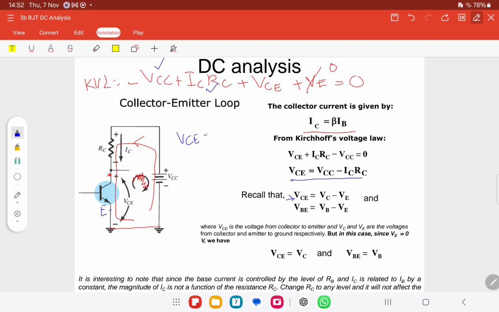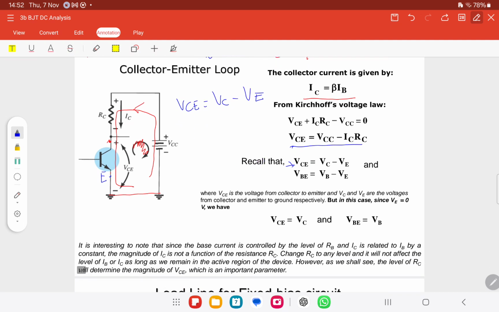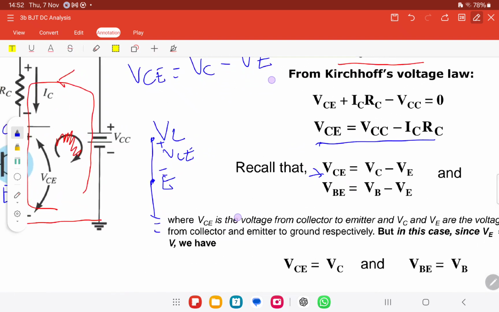Okay, from here. Okay, and then this one is, kalau VCE is in between C to the E, sebab tu VCE equals to VC minus VE. Sebab dia sebenarnya kalau saya lukis macam ni this is point C, so VC kat atas. Lepas tu this is point E. Yang ni C dengan E. So yang tengah adalah VCE. E sampai ke ground. Nampak tak? Okay, VC, kalau rasa sarabut bagi tahu, kita lukis balik.